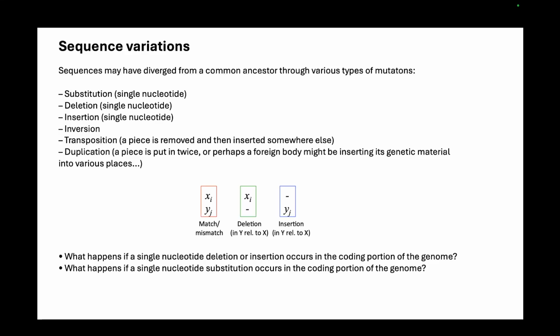Now the question comes: what happens if a single nucleotide deletion or insertion occurs in the coding portion of the genome? And what happens if a single nucleotide substitution occurs in the coding portion of the genome? Since these are coding portions, the mRNA will be formed from this part, and from that the protein will be formed.